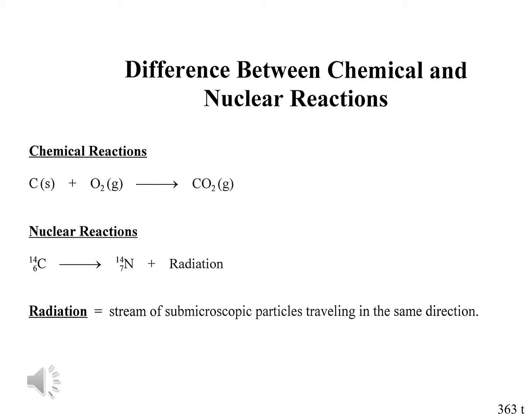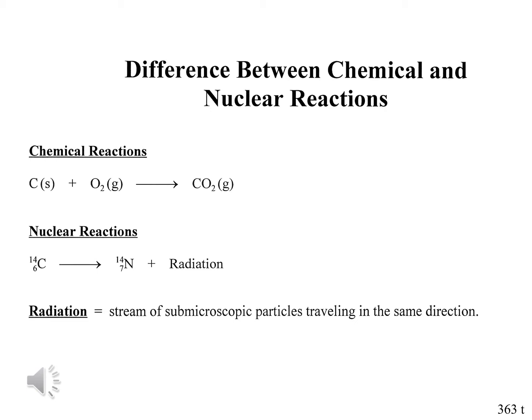If you remember what isotopes are, they're the same element, so they have the same number of protons, but different numbers of neutrons. In the case of carbon, there's carbon-12, which has 6 neutrons, carbon-13, which has 7, and carbon-14, which has 8. The isotope I'm showing in this picture is carbon-14.